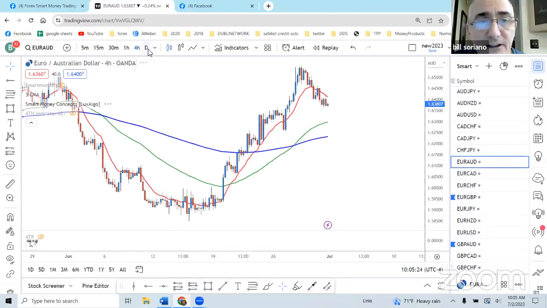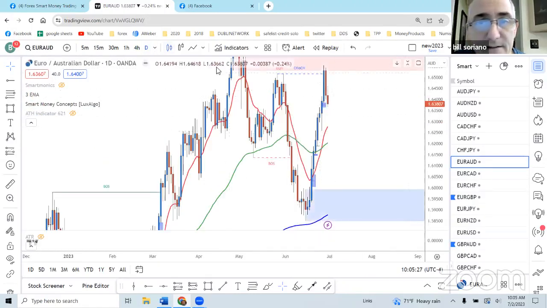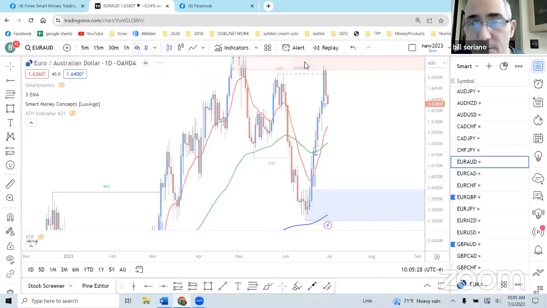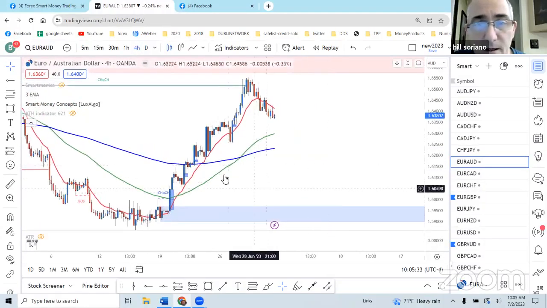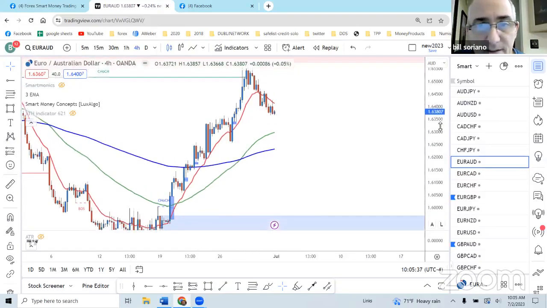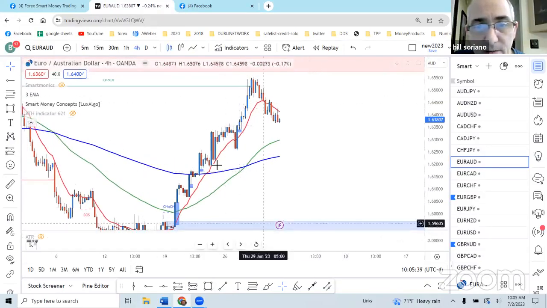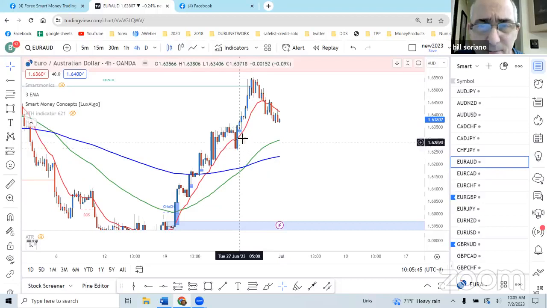EURAUD, the daily is bearish. We have a bullish order flow here. For some reason, it's giving us an order block all the way down here, but we have a beautiful order block right here with lots of imbalance. Not lots of imbalance, well, some imbalance, yeah. So this is concerning to me.